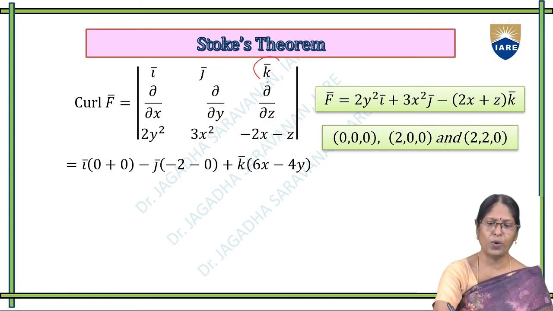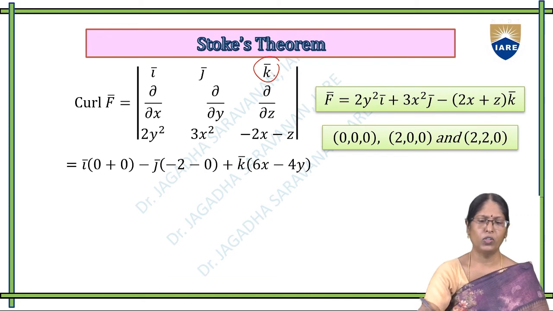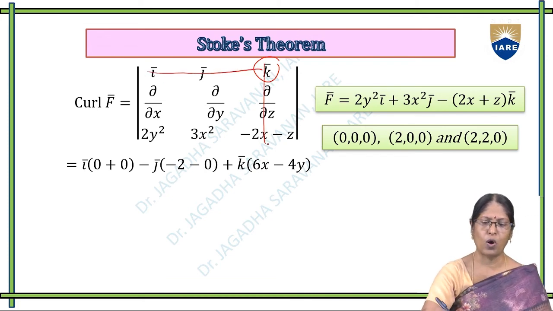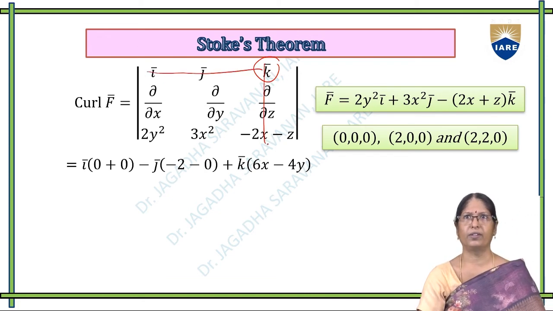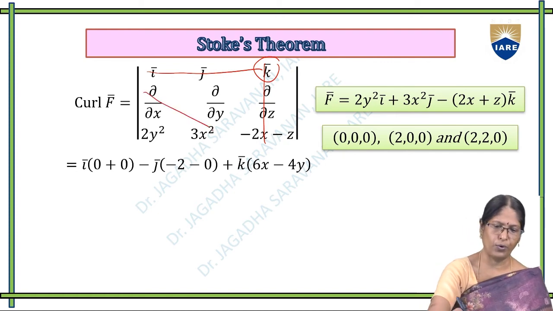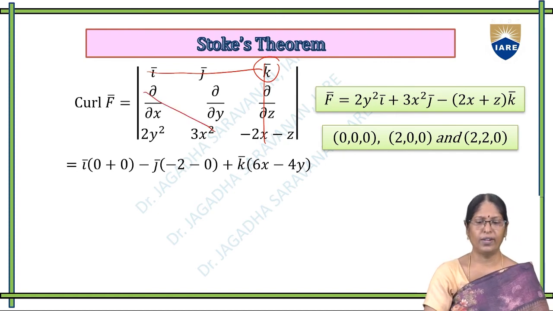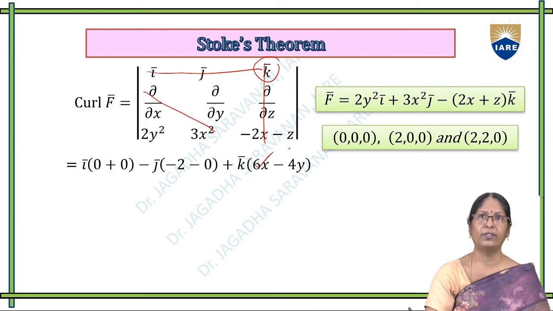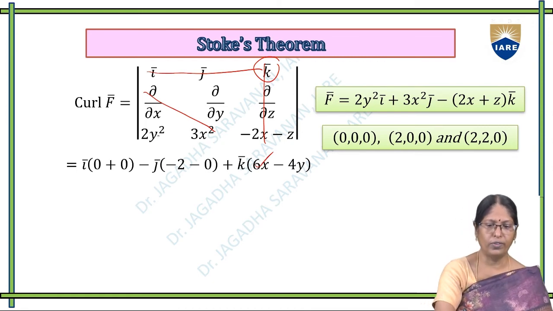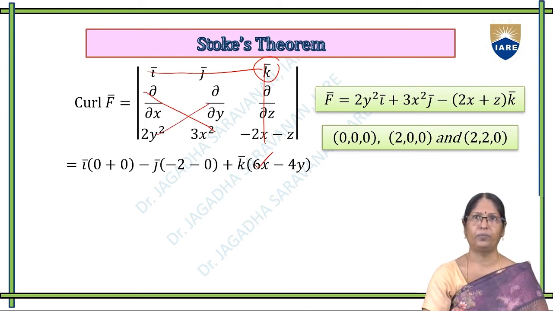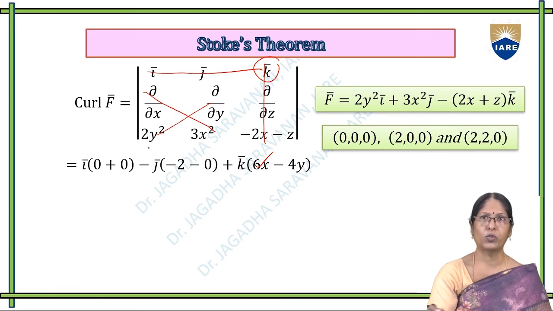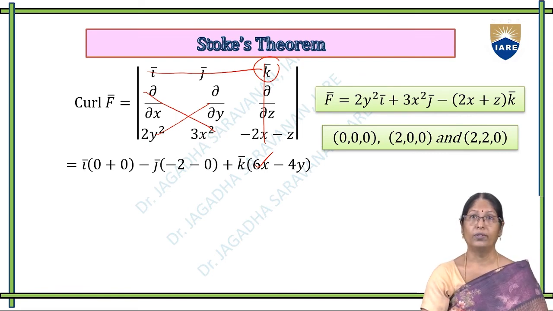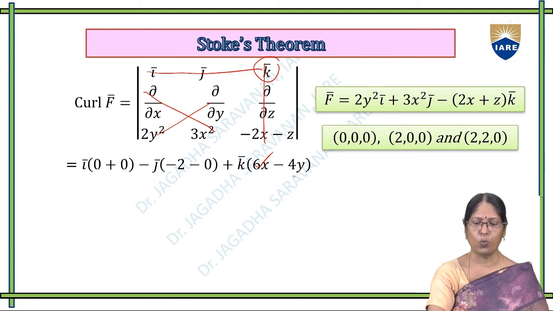Now the last one is k. The particular row and column are to be neglected. So here we have to do the cross. 3x square is there, which we differentiate partially, so it becomes 6x. Now this we have to cross with 2y square, whose differentiation is 4y.